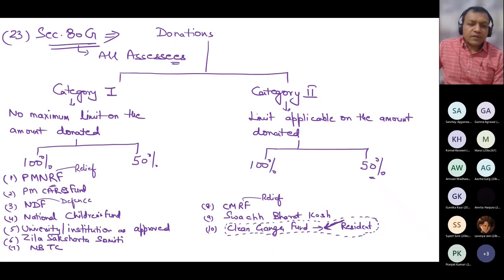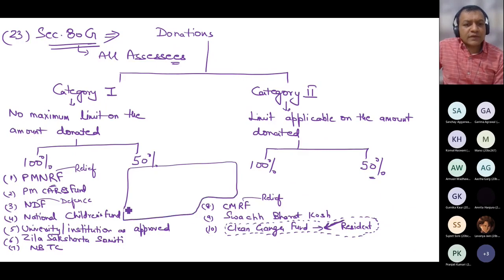These 10 you should learn, in which there is no limit. Whatever you donate, 100% is the deduction. Four you should learn in the 50% category, and in fact you have only four in this 50% category. Prime Minister Drought Relief Fund. Then Jawaharlal Nehru Memorial Fund.